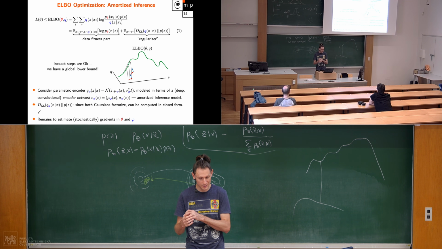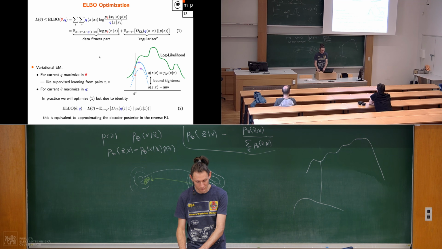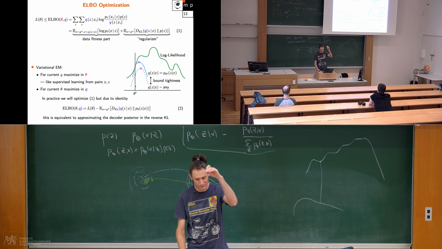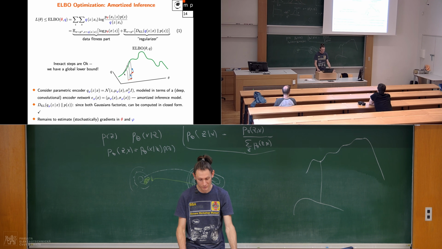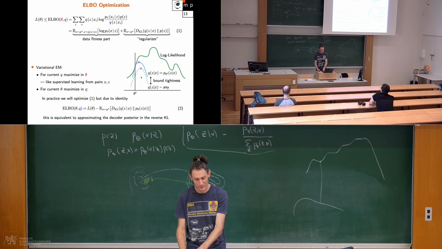Because we have this lower bound and the evidence, it holds globally, so this was one view, right? Tightening the lower bound and then maximizing it. And the other view was, okay, we'll just improve the lower bound a little bit, then optimize the current lower bound a little bit. So in this picture, there are multiple lower bounds depending on the current point.